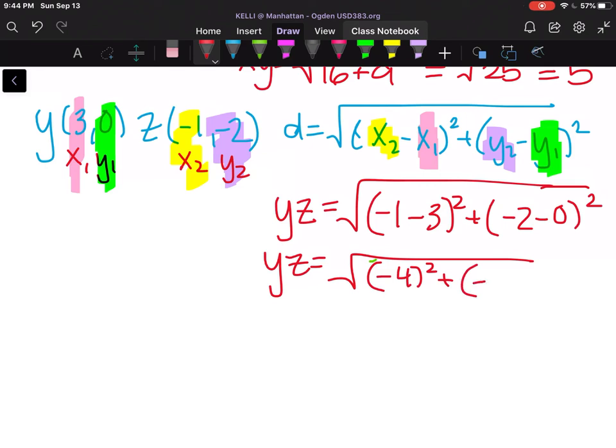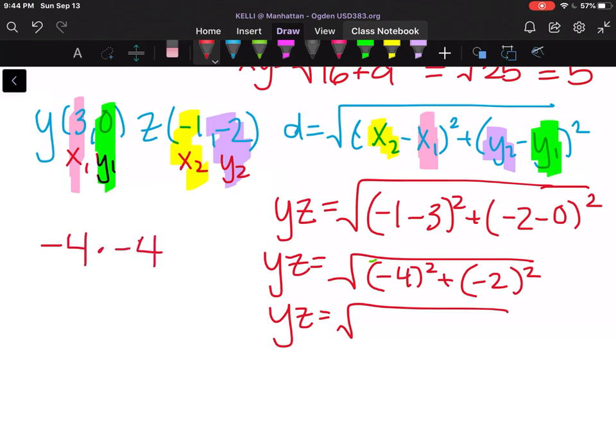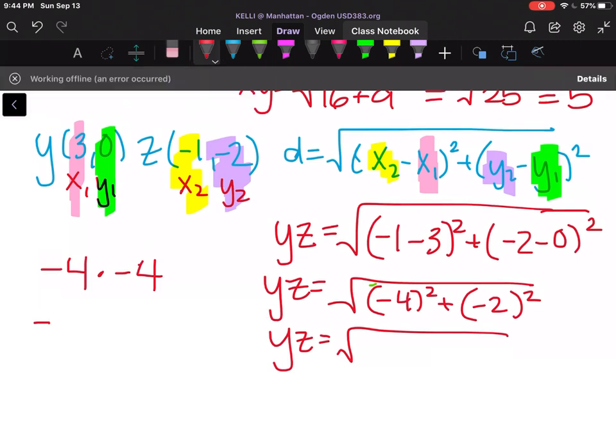-2 minus 0, -2. Remember, keep that in parentheses because when we go to square it, if you plug -4 in your calculator and you square it without parentheses, sometimes your calculator thinks instead of -4 times -4, what it really is doing is -1 times 4 times 4.